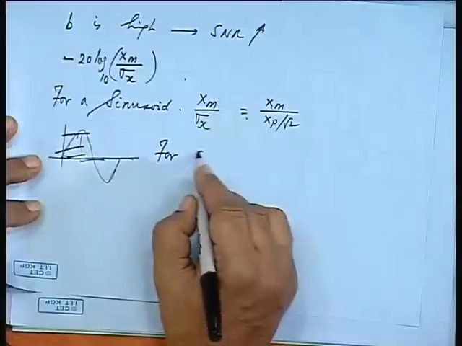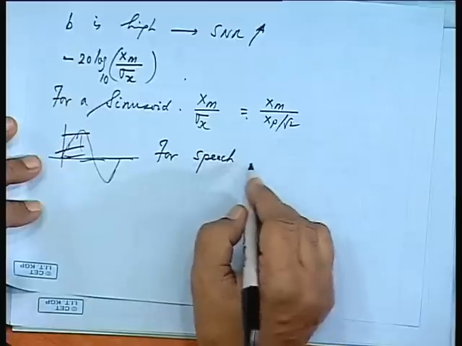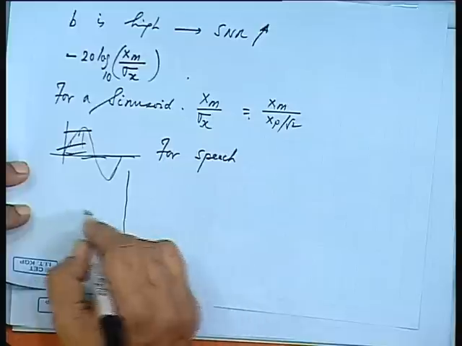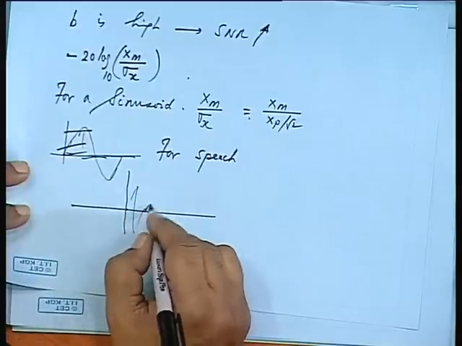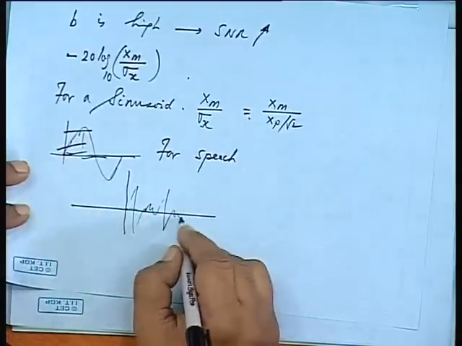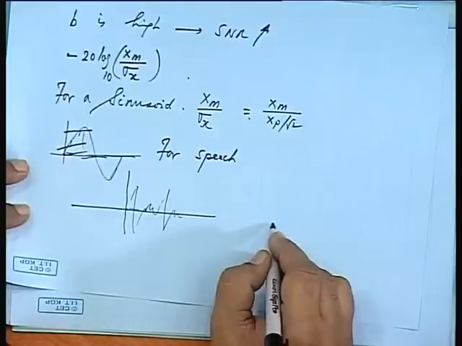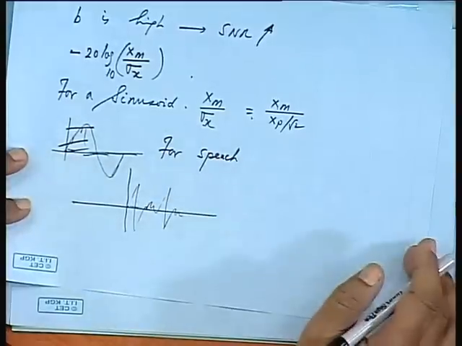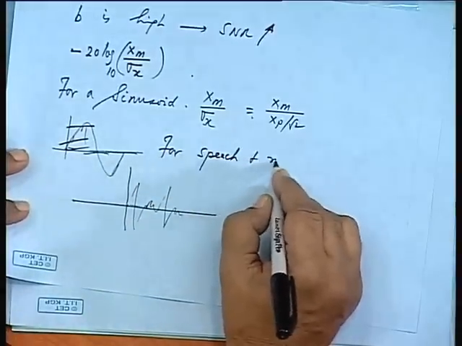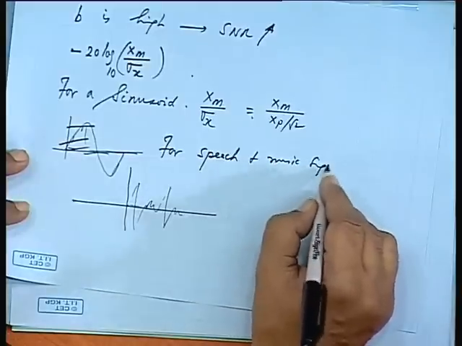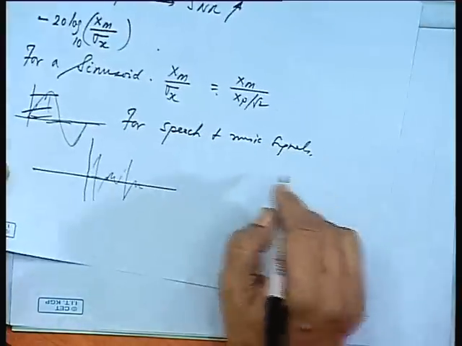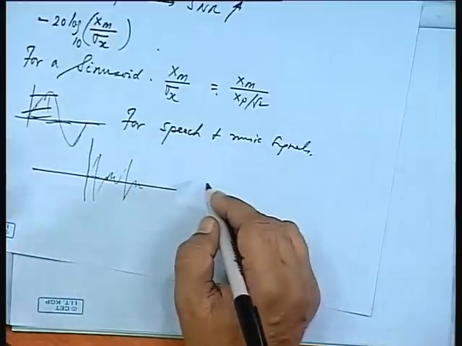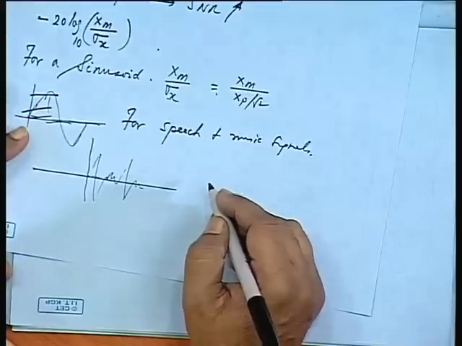Again for signals like speech signal or music signal, the variation is very large and the amplitude is always centered around the 0 value. It changes on both sides. So, for speech and music signals, it can be shown it tends to be a normal distribution.